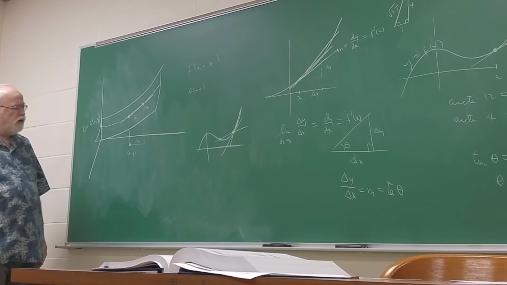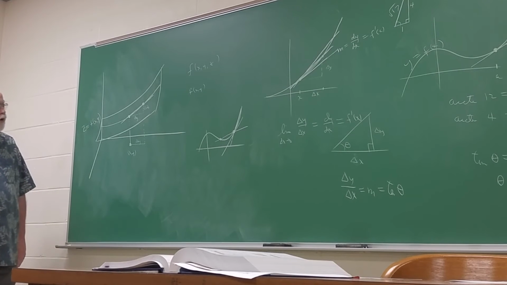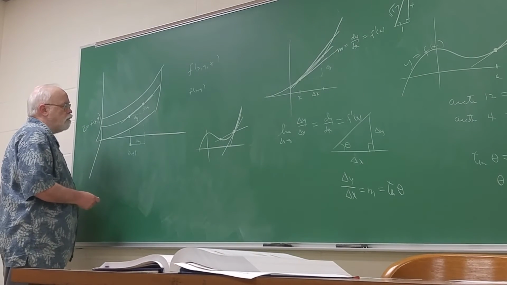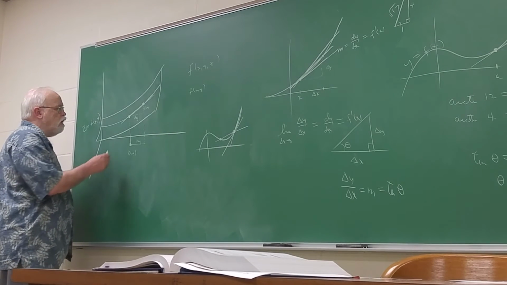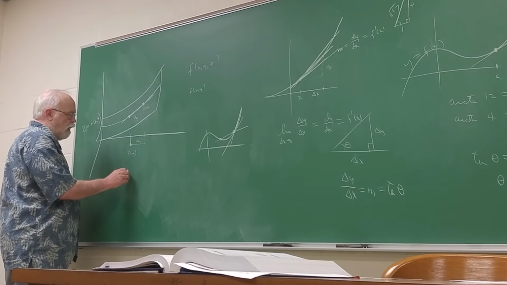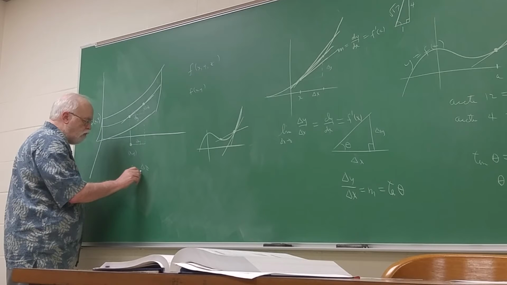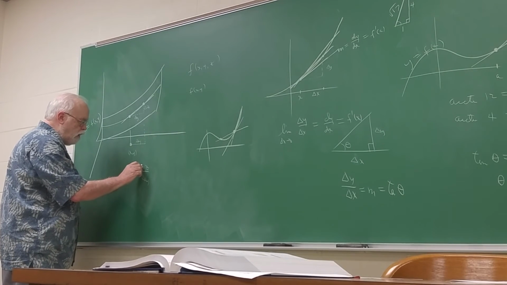Sometimes you get different answers from the left and the right, but we're not going to worry about that right now. In fact, we're not going to worry about that much at all. We're mostly going to stick with the nice functions here. So anyhow, I want the limit of delta z over delta y instead of delta y over delta x.